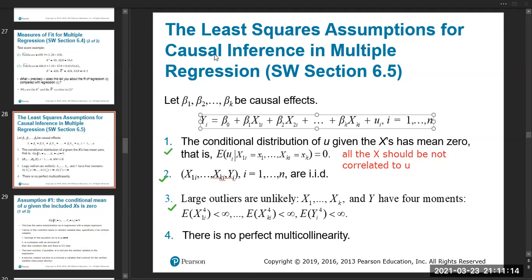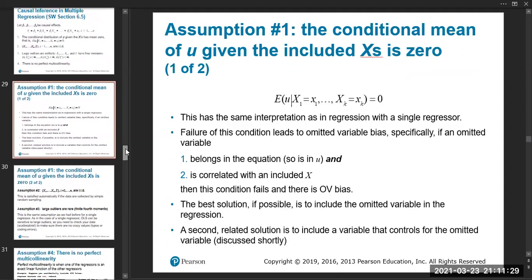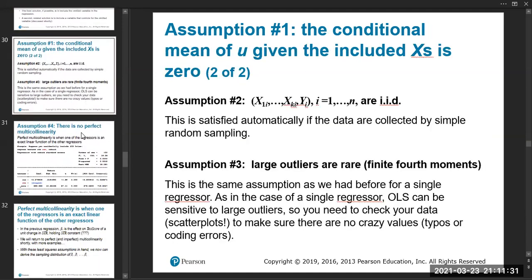So the only thing new here is there is no perfect multicollinearity. All right, so we'll take a look at the fourth one. Let's skip this one. The second one and the third one are very easy to understand.